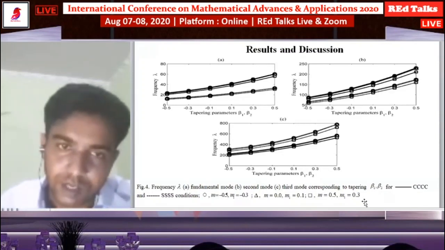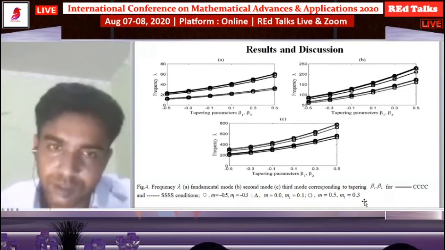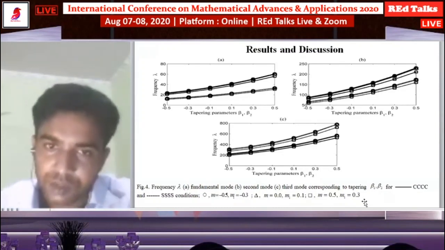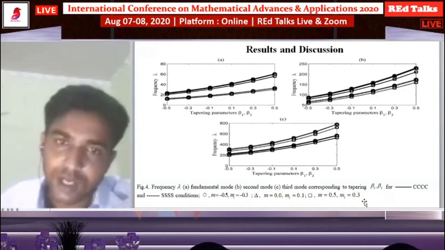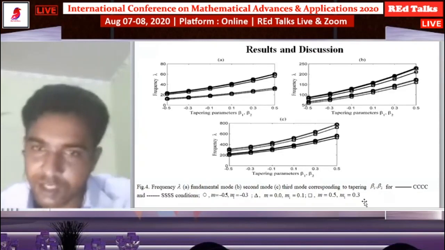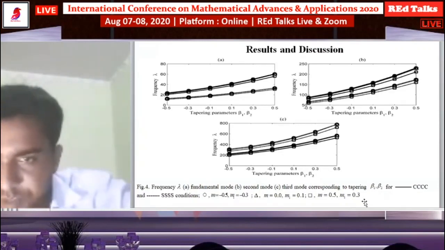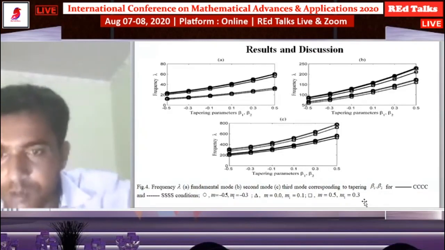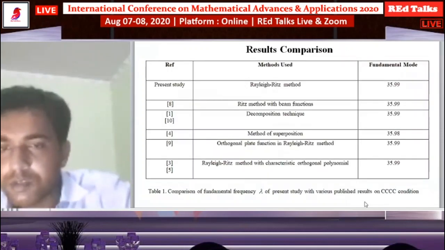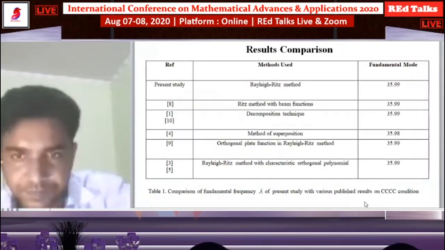In the first condition, M equals minus 0.5 and M1 equals minus 0.3. For the second condition, M equals 0.0 and M1 equals 0.1. And for the third condition, M equals 0.5 and M1 equals 0.3.